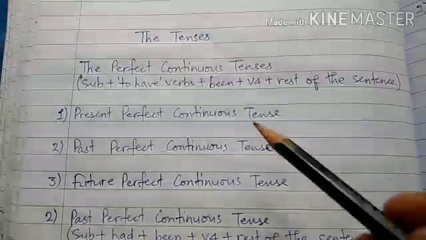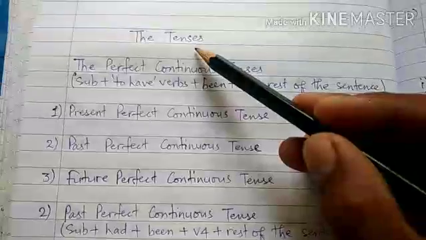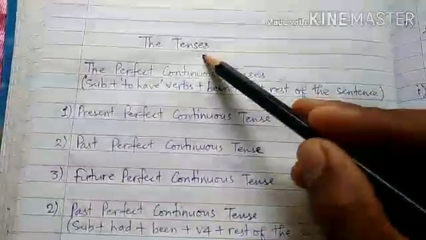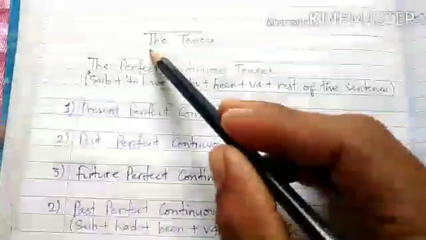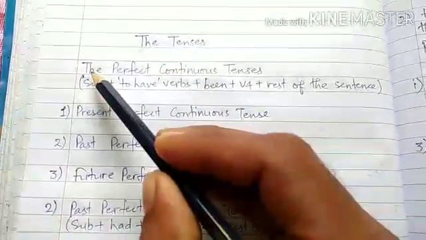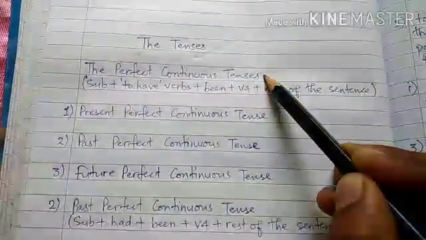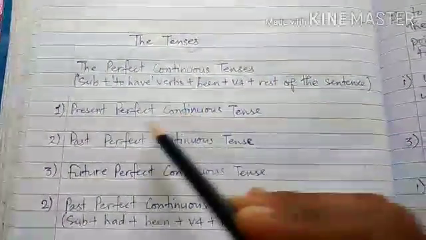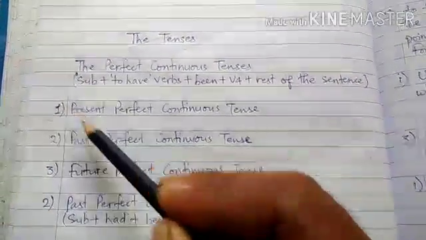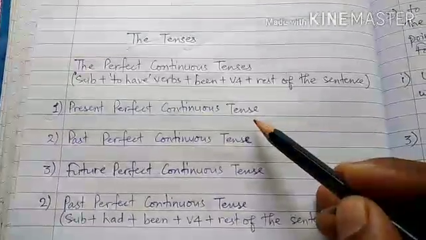In today's class, in this video for the students of standard 9, we will continue with the same chapter, the tenses. In our previous video we have already started the perfect continuous tenses, and we have already understood the uses of the present perfect continuous tense and its different sentence structures.